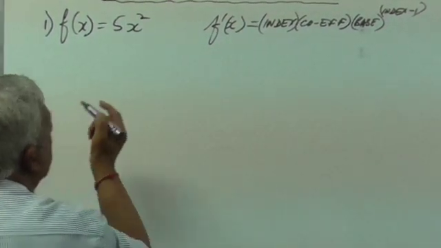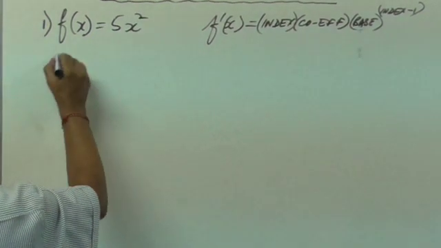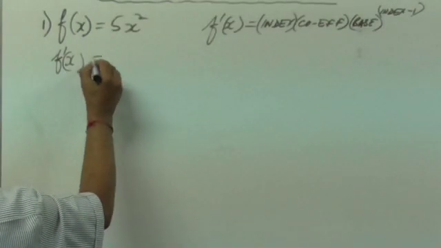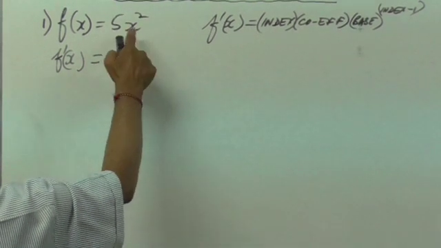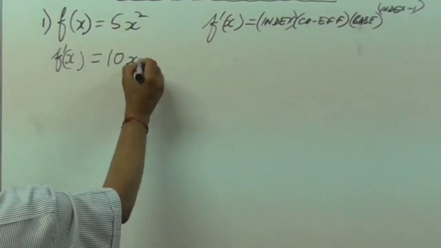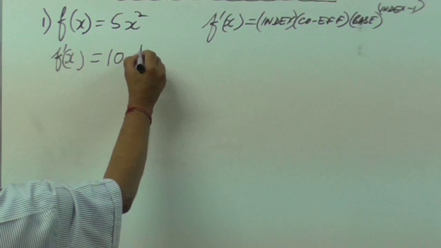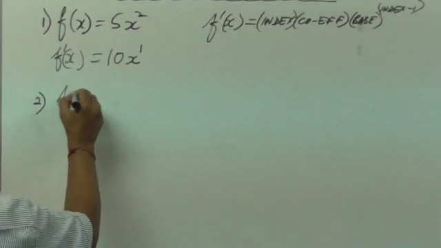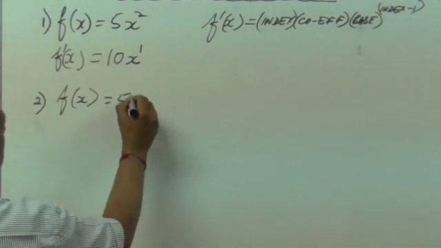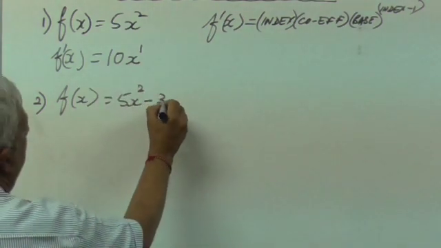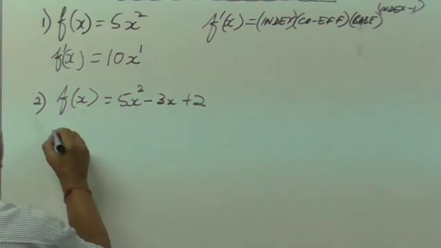So index times coefficient, f prime x is equal to 5 times 2, 10. Write down the base x. 2 minus 1 will give you 1. That was number 1. Number 2, f of x is equal to 5x squared minus 3x plus 2.